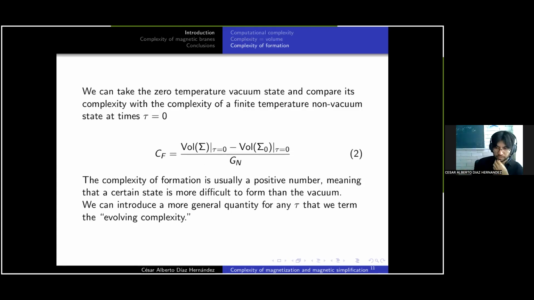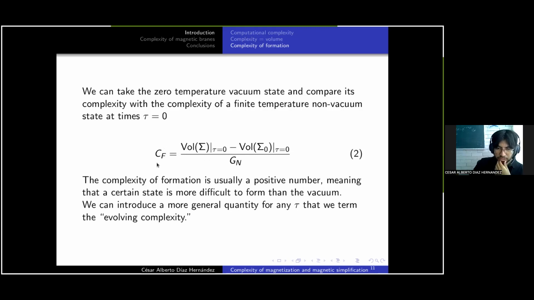Imagine you have the vacuum, you don't have anything in your theory, you don't even have temperature, and you ask yourselves, well, how difficult will it be to construct or to form a different state, a state with some matter, with a finite temperature, with some fields in it. You can compute the complexity of these two states and obtain what we call the complexity of formation. How hard will it be to form this new background or this new theory from the vacuum state?